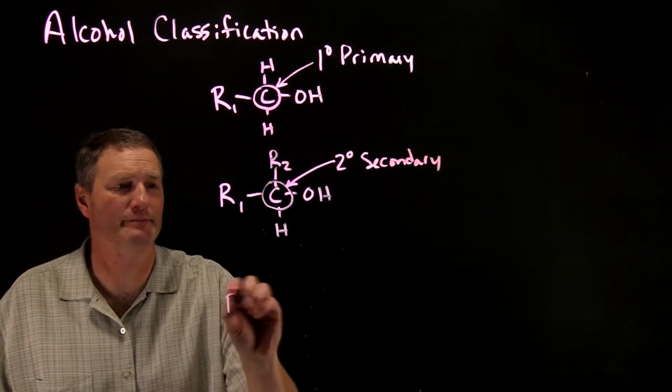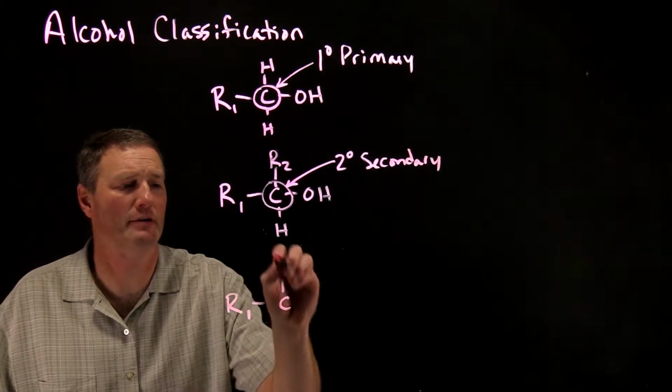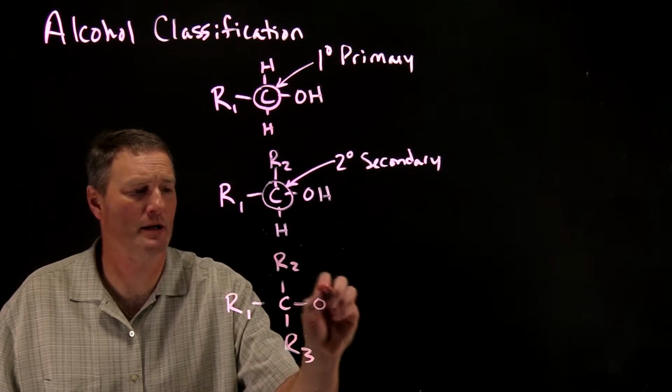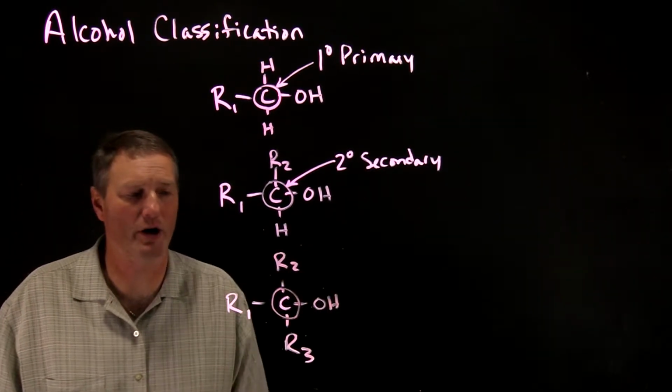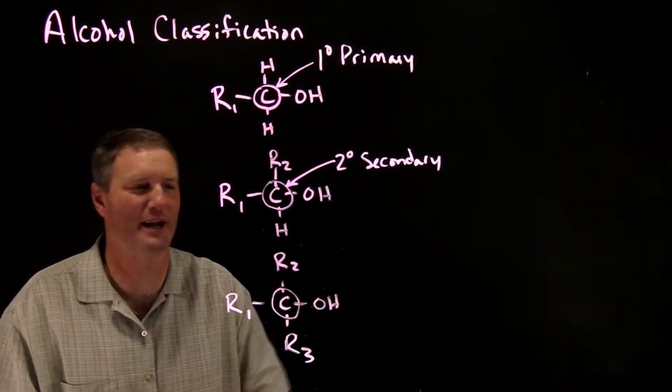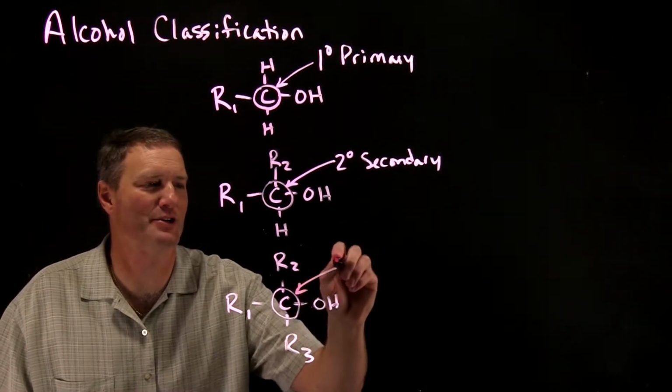And then lastly, I could have the last situation where I could have a central alcohol carbon now that has three alkyl groups attached. And as you might expect, that's going to be called tertiary.